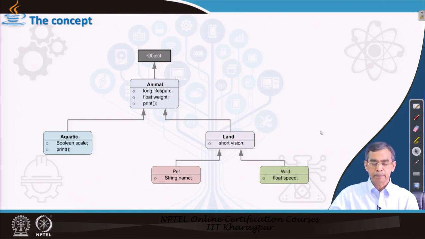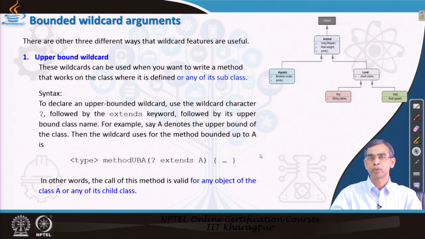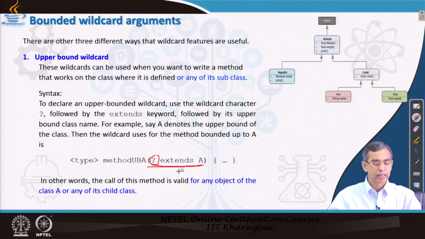And here I want to say one thing: there are two bounds, or three bounds rather, that can be extended so far as the wildcard is concerned. The first is called the upper bound of the wildcard. It is the same as, in lieu of T extends superclass A, if we write ? extends A, then it is basically an upper bounded wildcard argument.